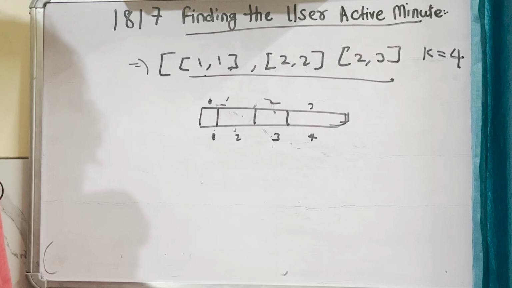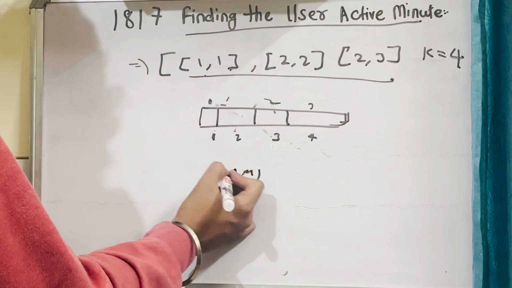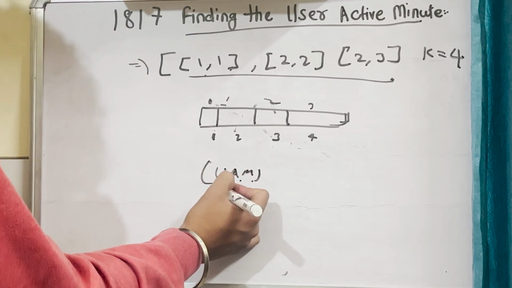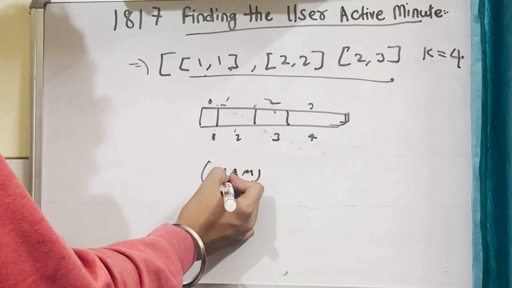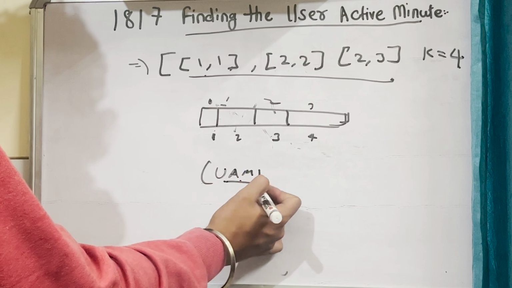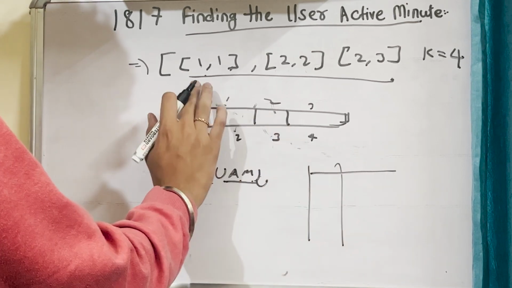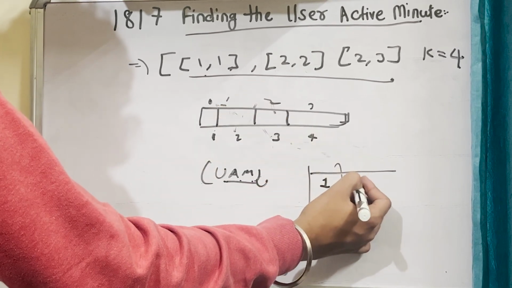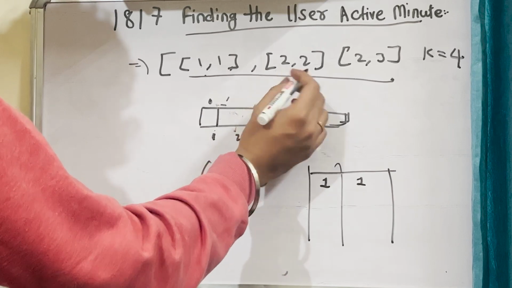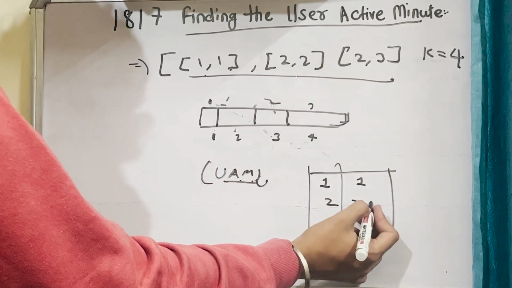And what we have to do is find the UAM. UAM stands for user active minutes, that is, the number of minutes a user is active. For example, user 1 is active on minute 1. User 2 is active on minute 2, and also active at minute 3.